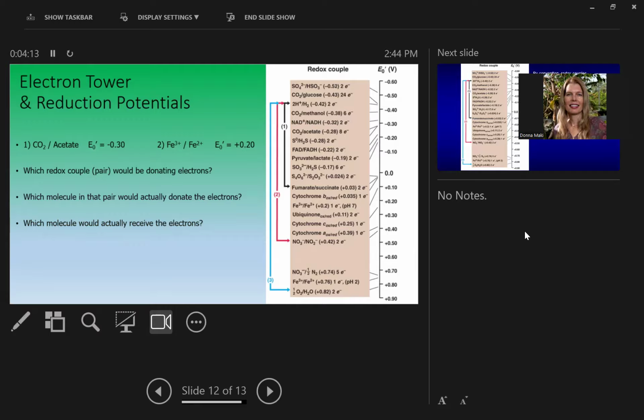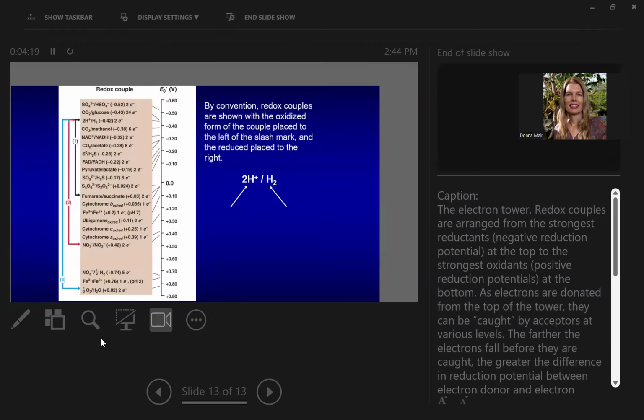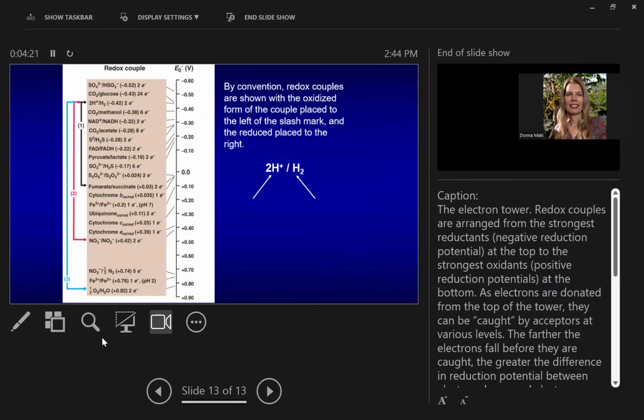So in order to put that all together, you do have to know the rules of the electron tower and what the reduction potential numbers mean. Once you know that, you can put all of these in combination, write equations, and figure it out.